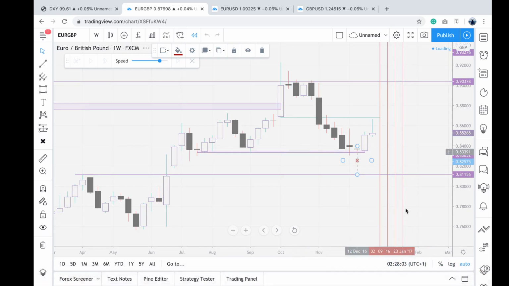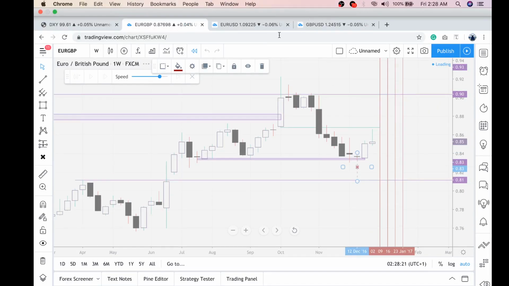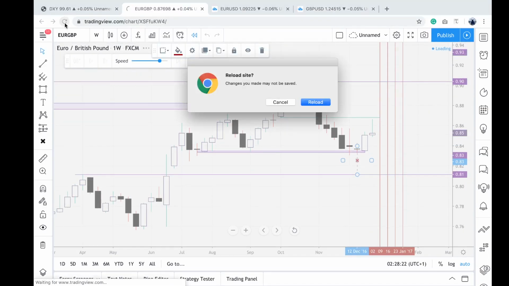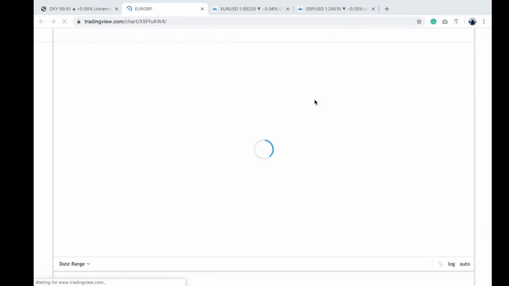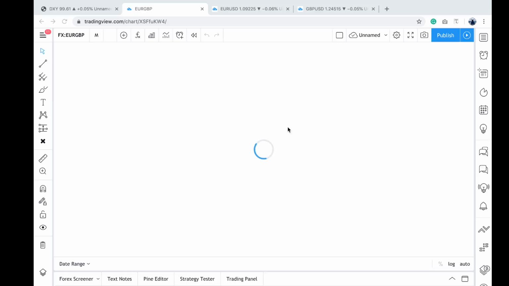I don't know why my laptop is disconnecting off my Wi-Fi. Something is definitely wrong. Let's get this fixed. Wi-Fi is still connected. Probably just Wi-Fi lagging.